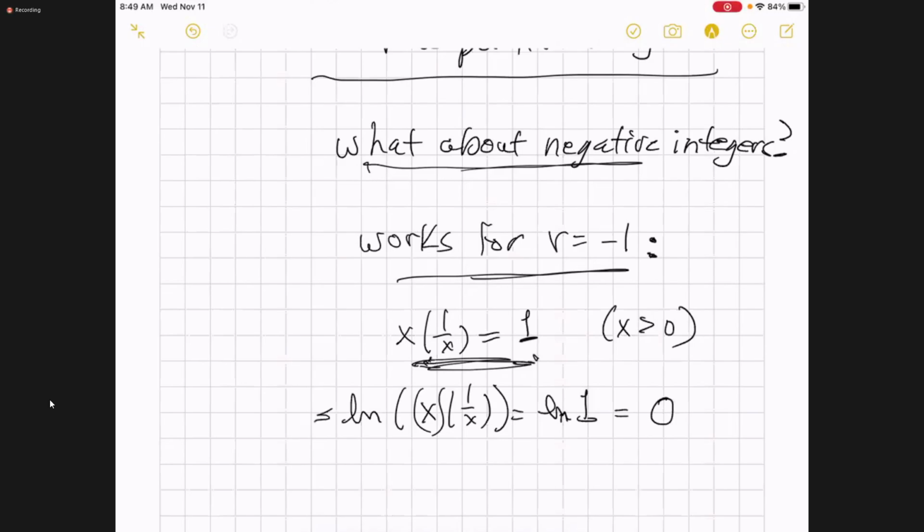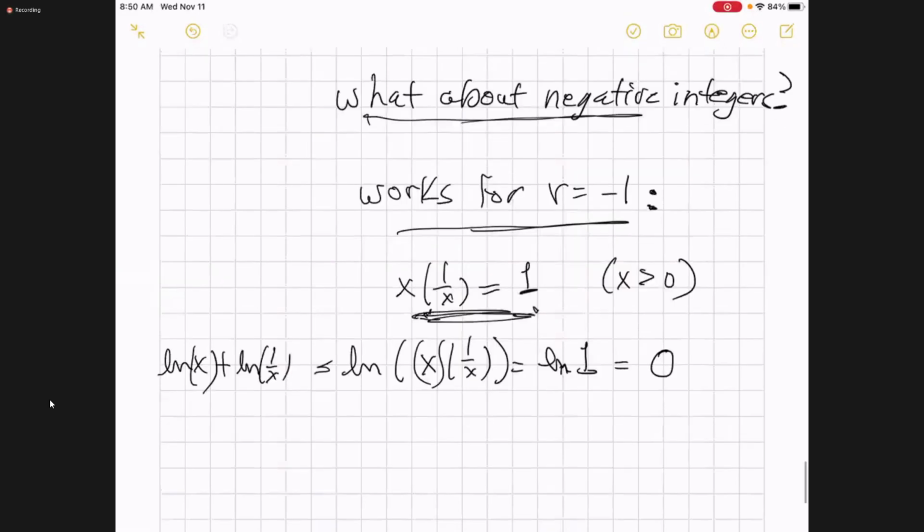And ln of x times 1 over x is the log of a product of two numbers, and we just showed we can break it up. The log of a product of two numbers is the sum of the logs of the numbers. And so what we've got then is ln of x plus ln of 1 over x.